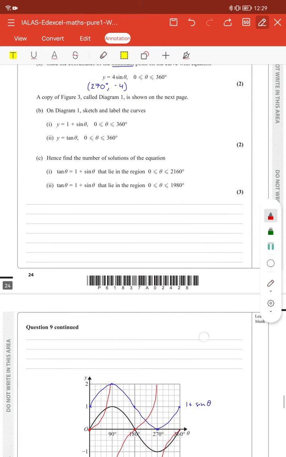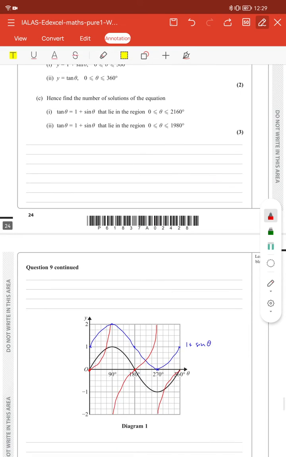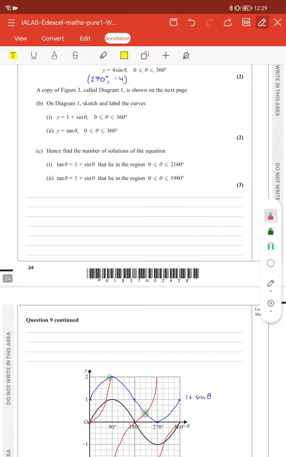Right? So the number of solutions that lie in this region. So remember, in a 360 degree region, we're going to have one solution and two solutions. So we can do 2160 divided by 360, which would be 6.